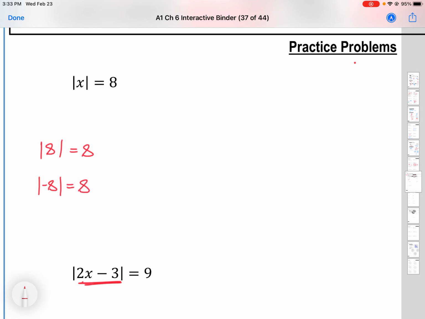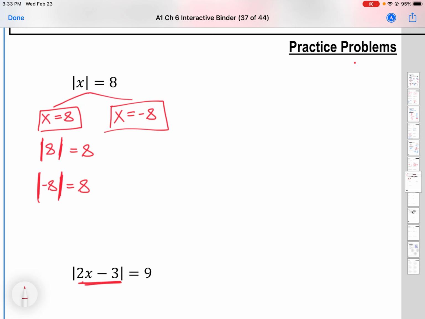So that's actually going to be our two answers: x could equal 8 or x could equal -8. So you always accept the positive answer and the negative answer. And again, you can always go back and plug this in and check. The absolute value of -8 is 8, and the absolute value of +8 is 8.